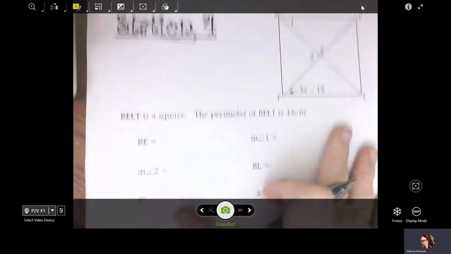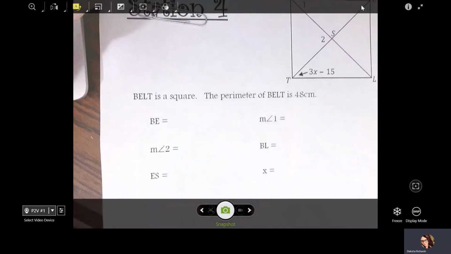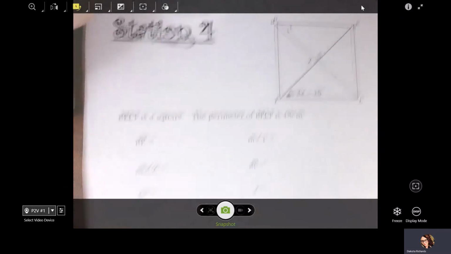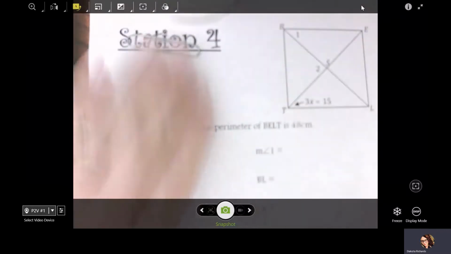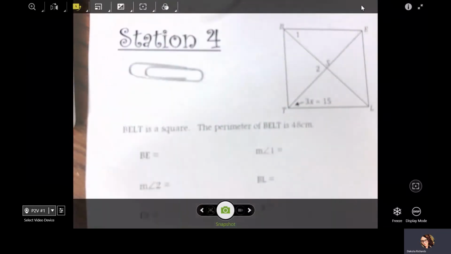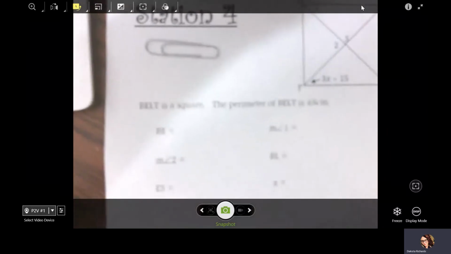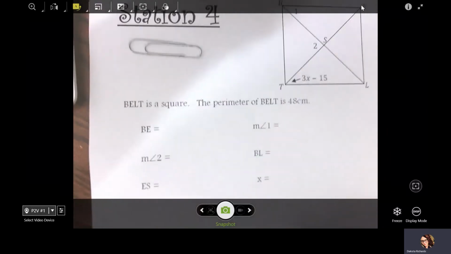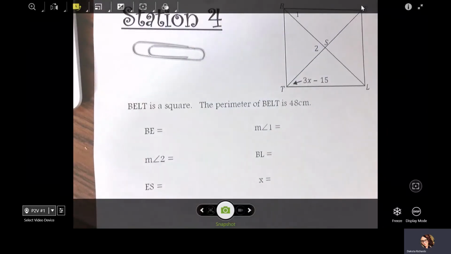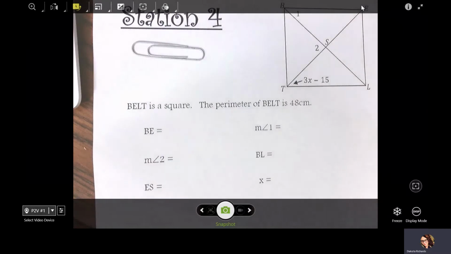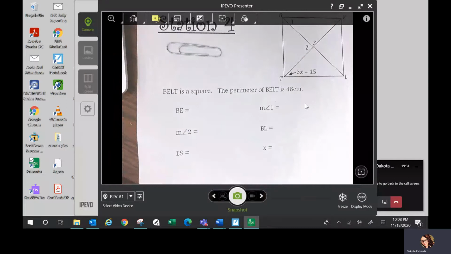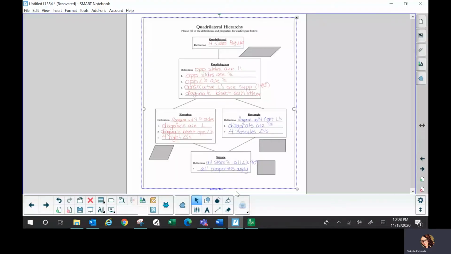This is a square. BELT is a square. The perimeter is 48 centimeters. If you know that the perimeter is 48 centimeters, go back, look at your sheet. What do we know about a square? We know all sides are congruent. All angles are 90 and all properties apply.